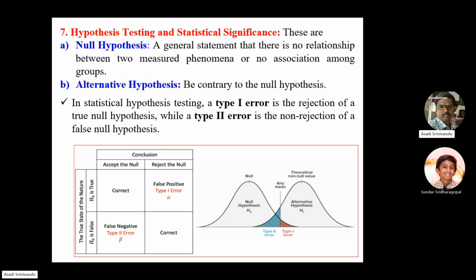In statistical hypothesis testing, a type 1 error is the rejection of a true null hypothesis, while a type 2 error is the non-rejection of a false null hypothesis. So if you see the second diagram, we have a type 1 error and a type 2 error.